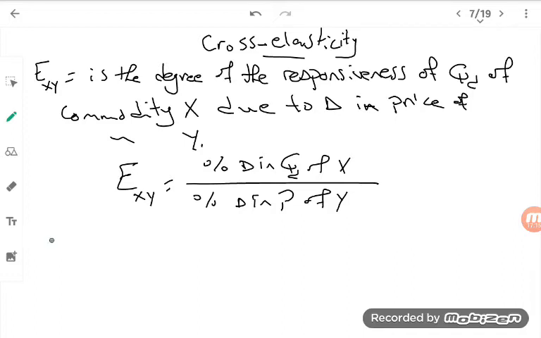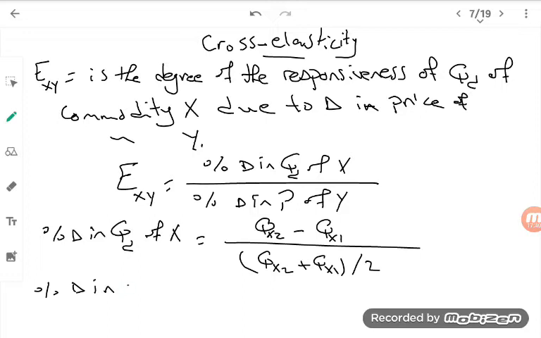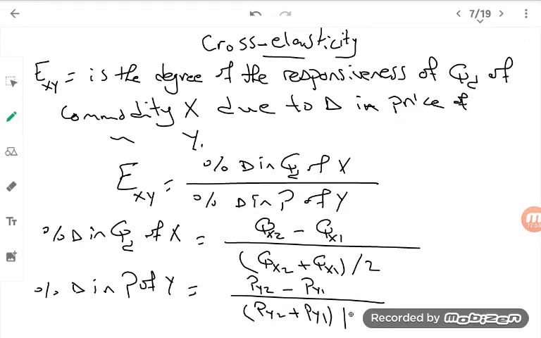Using the same way, percentage change in quantity demanded of X equals Q2 of X minus Q1 divided by the average. And the same with the percentage change in price, PY2 minus PY1 divided by PY2 plus PY1 divided by 2.